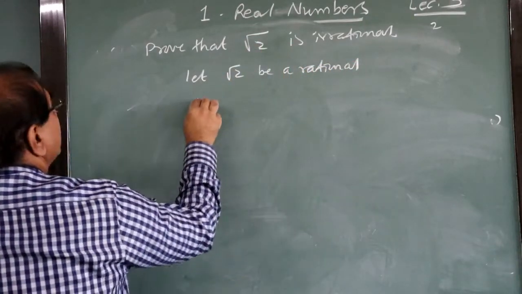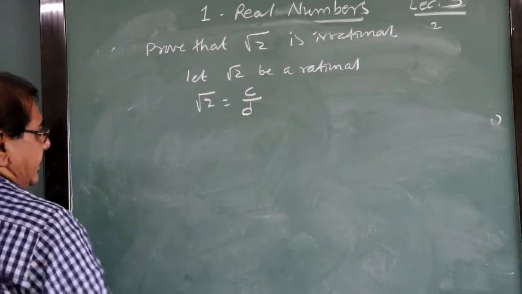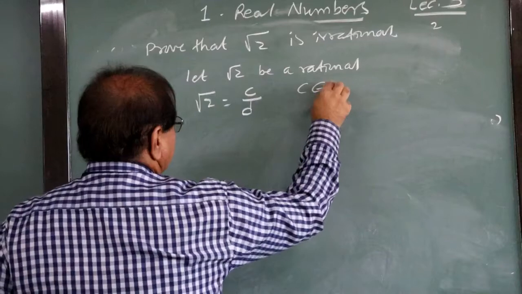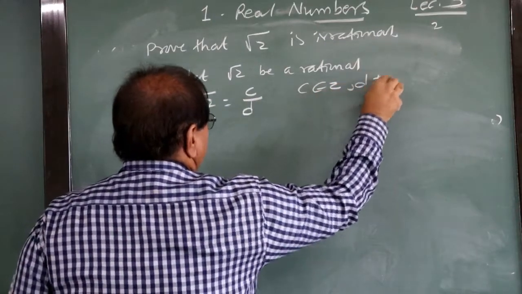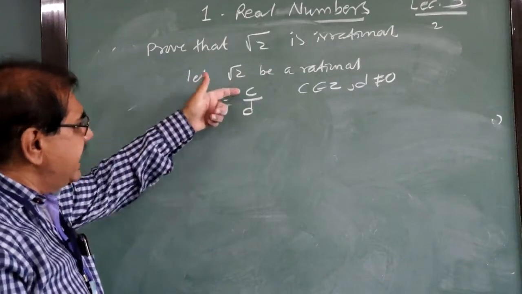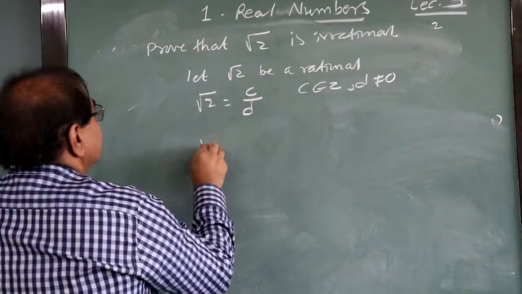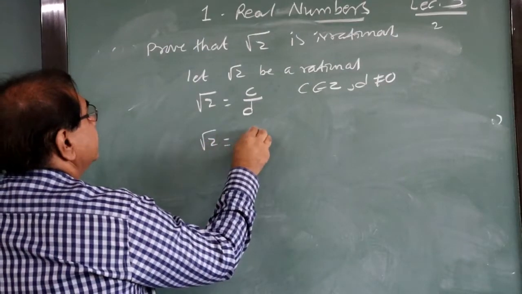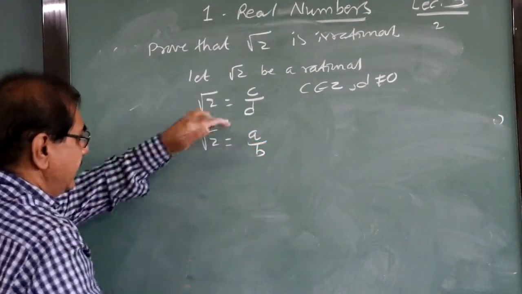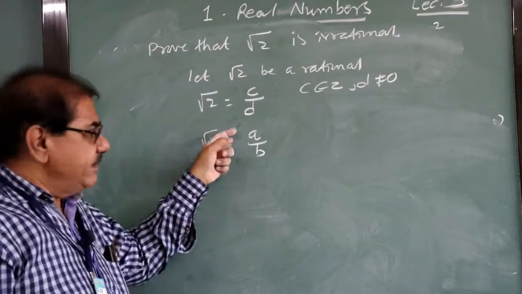That means root 2 is equal to some number C upon D, where C belongs to Z and D is not 0, with the condition of a rational number. But here suppose C and D have some common factors. So after simplifying them, suppose we get root 2 is equal to A upon B. Now it is simplified. Now there is no common factor between A and B.